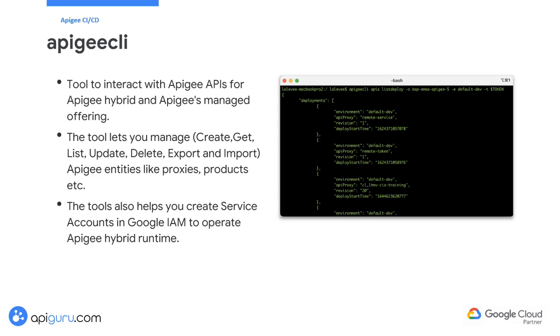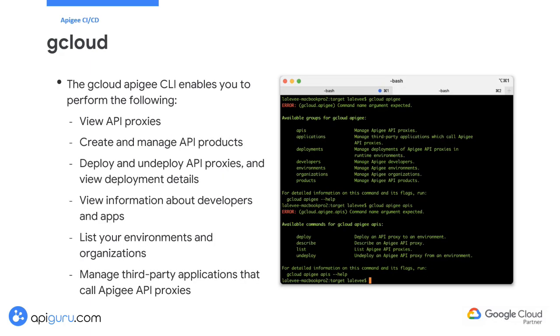It enables you to manage various Apigee entities, such as proxies and products, by allowing operations like creating, retrieving, listing, updating, deleting, exporting, and importing. Additionally, Apigee simplifies the creation of service accounts in Google IAM, ensuring the smooth operation of the Apigee Hybrid runtime. The gcloud Apigee CLI is a powerful command line tool for managing Apigee resources and operations.